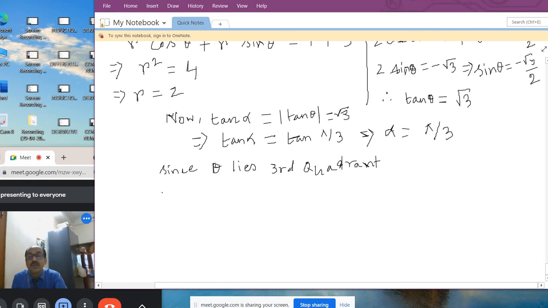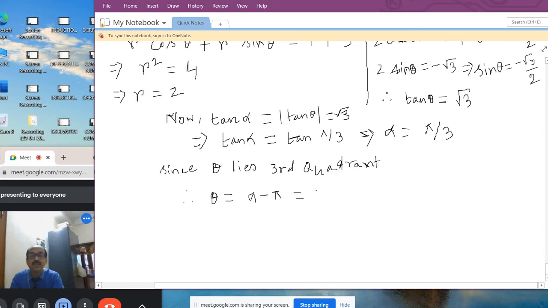therefore theta equal to, in the first quadrant theta equal to alpha, in the second quadrant pi minus alpha, and in the third quadrant alpha minus pi. So theta equal to alpha minus pi, and alpha is pi by 3.